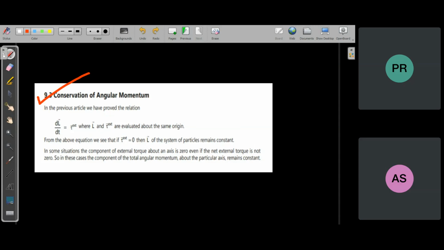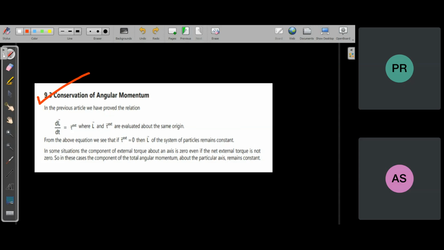So you have to see which axis the angular momentum we are dealing with is about, and then see whether there is any external torque component about that axis. If there is external torque, angular momentum will not be conserved.